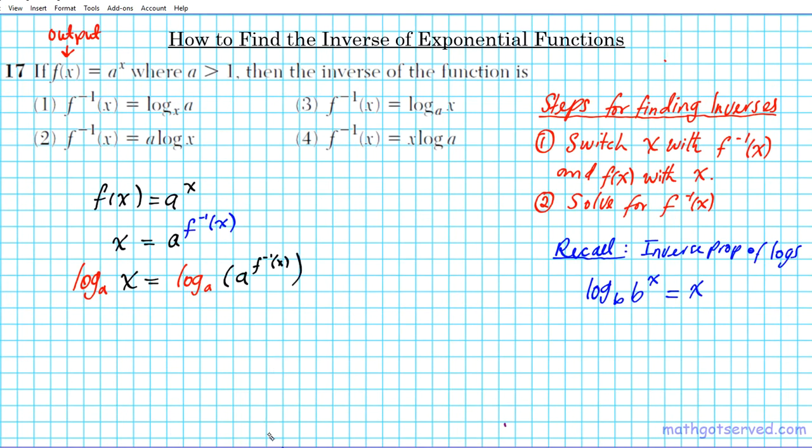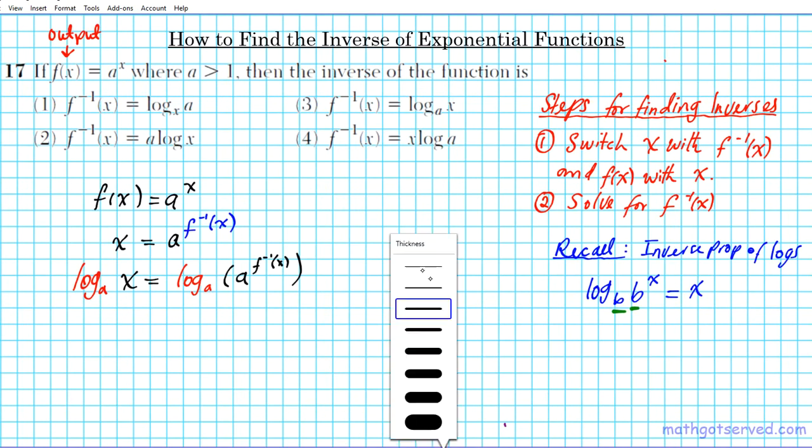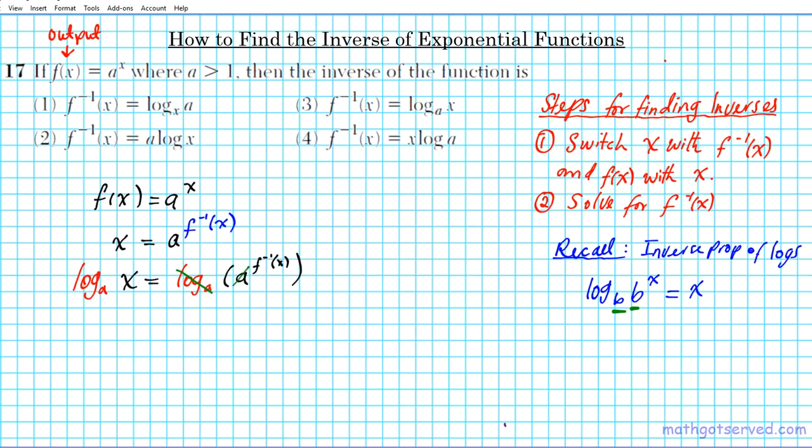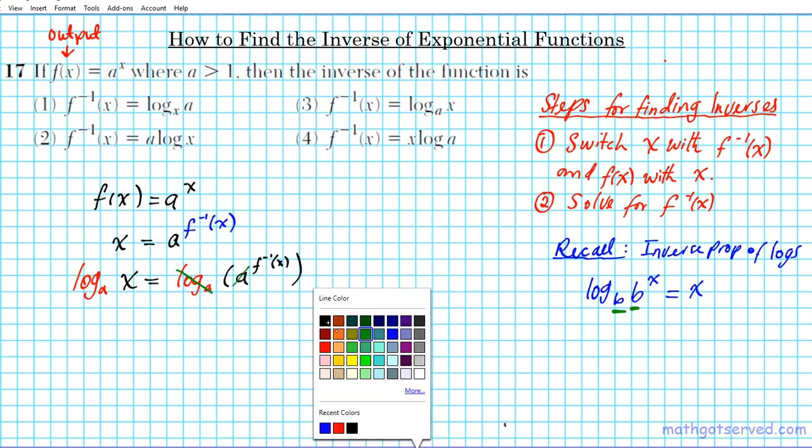Okay? Alright, so what happens here? On the right side, notice how it's similar to this property that we have illustrated here. If the base of the exponent and the base of the logarithm are identical, we have an inverse operation happening. So this log and this a are inverses and take each other out.